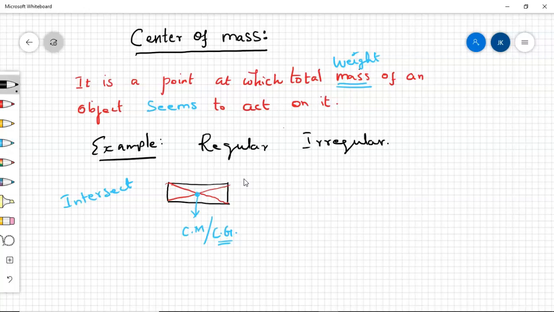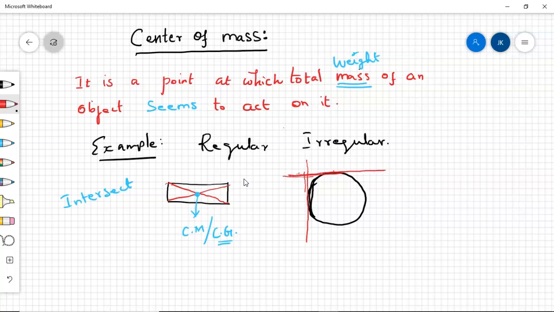Now, how will we find the center of gravity for another regular shaped object, a circle? It's not completely regular. First we have to draw a tangent line, which just passes through a point.